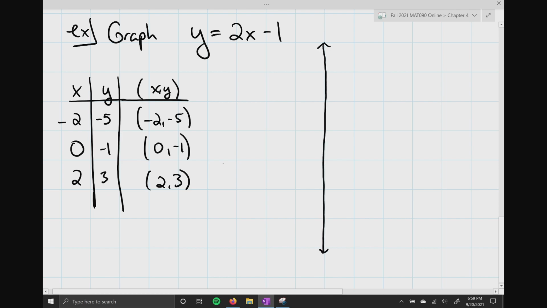So the big thing is just to be careful. Be nice and neat, evenly spaced. And this is the part I hate, which is drawing this rectangular grid over and over again. But I'll do it.